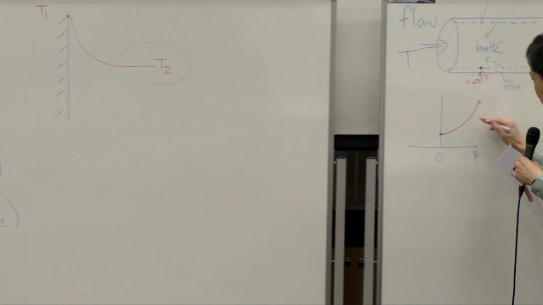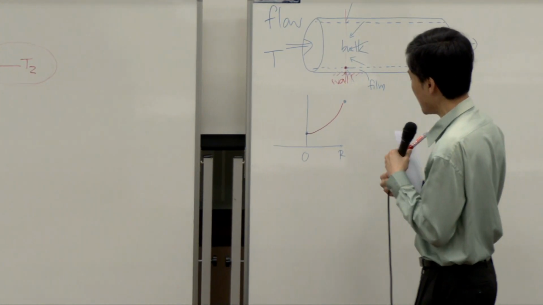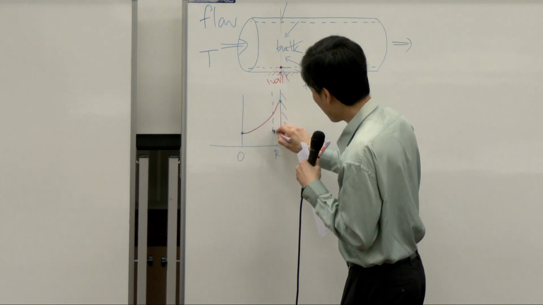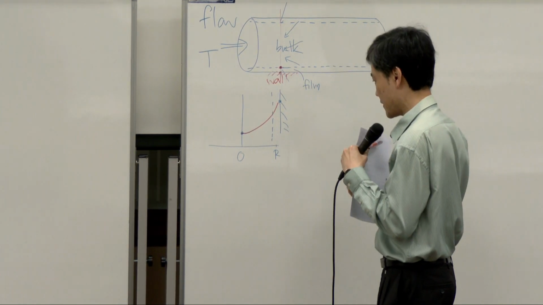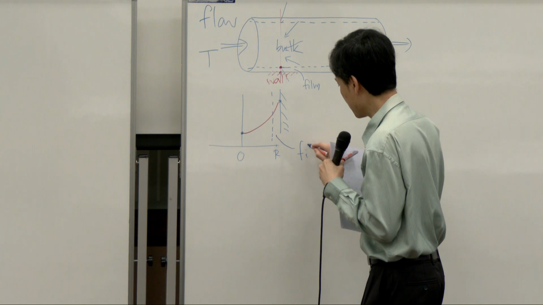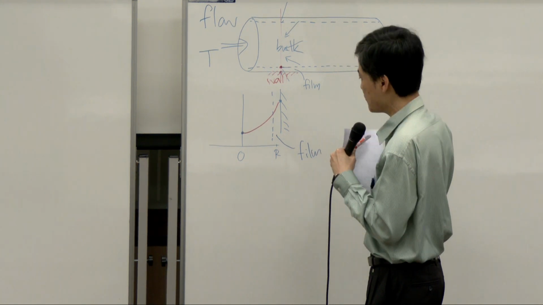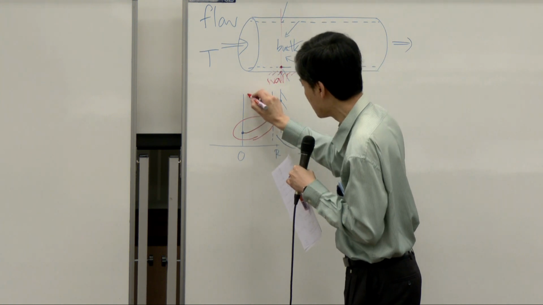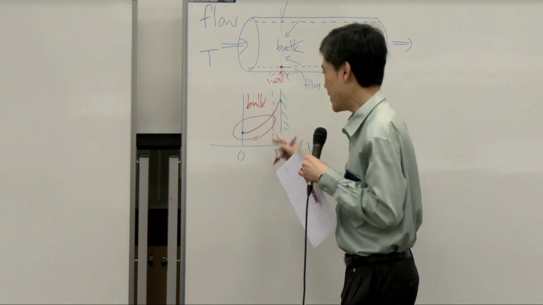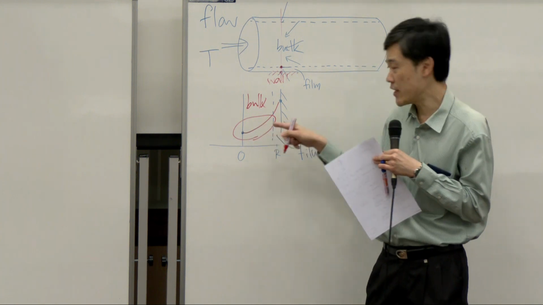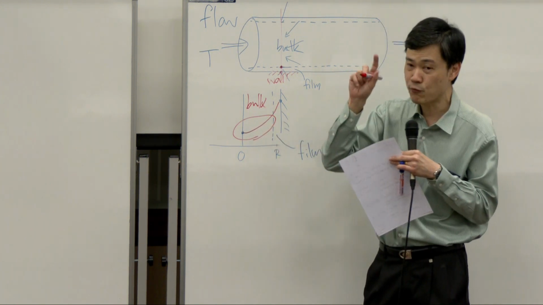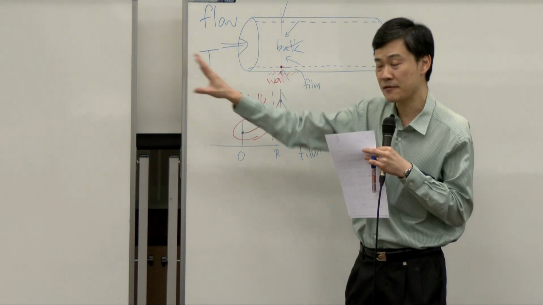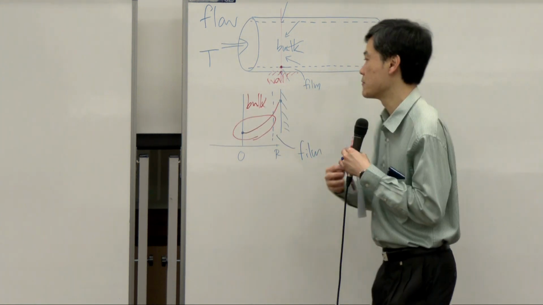But in this case, even though I'm saying that this is the wall, this is the foam, you see that temperature around here, which is considered bulk, is not constant. It's changing with respect to position. That's one problem that we have. It's not so simple as the conventional heated wall.